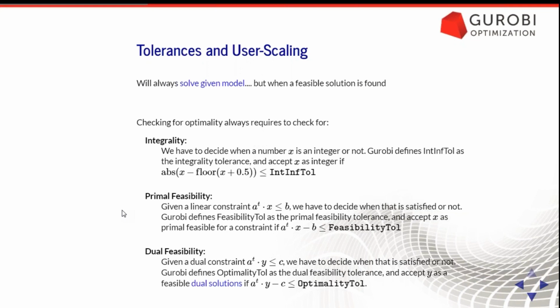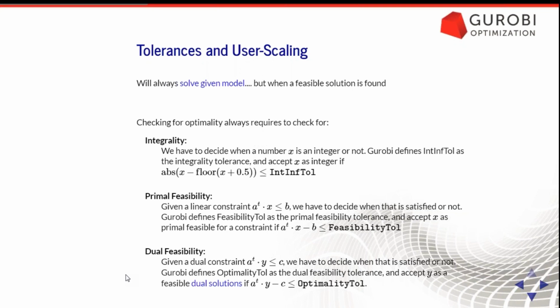And what we do is that we define this tolerance called the integer feasibility tolerance to decide whether a given quantity is integer enough. The same applies to primal feasibility. Whenever we have to check that an inequality or an equation actually is satisfied, we don't test for equality here. We always allow a little wiggle room.